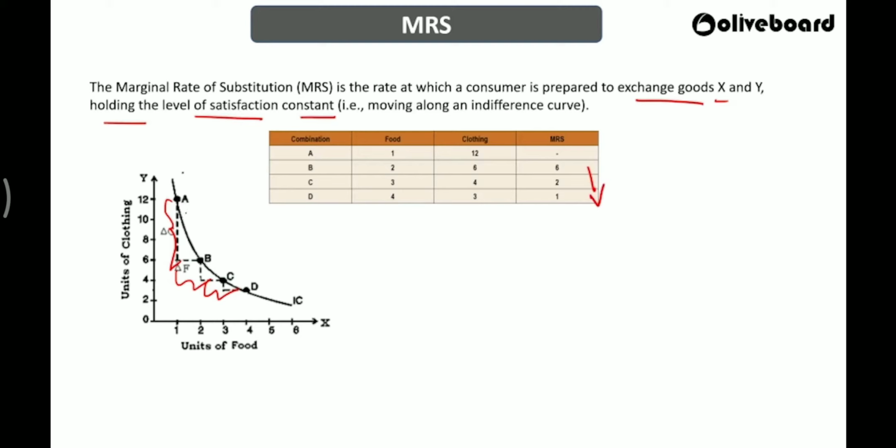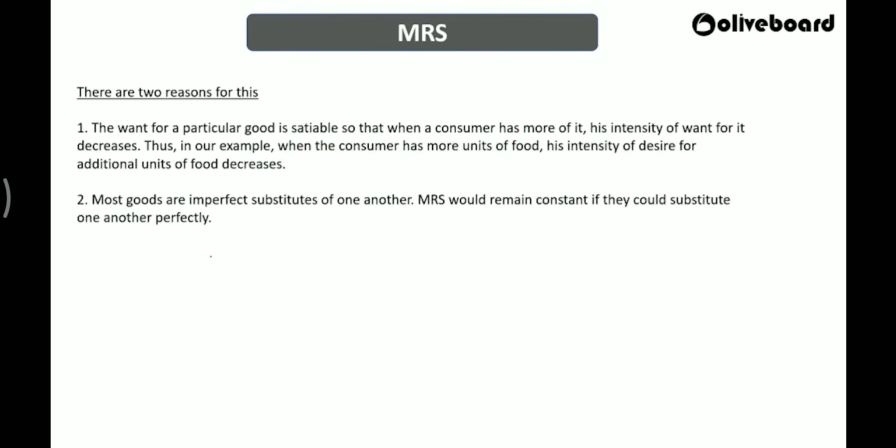So that is the reason your indifference curve slopes downwards, and it is convex to the origin, because your MRS is declining. Why it is declining, we will see here. When you are consuming one product continuously, the satisfaction derived from consuming the same product will decrease.